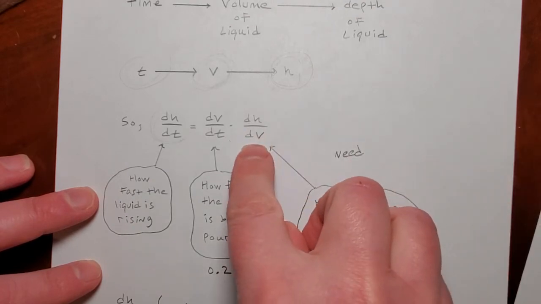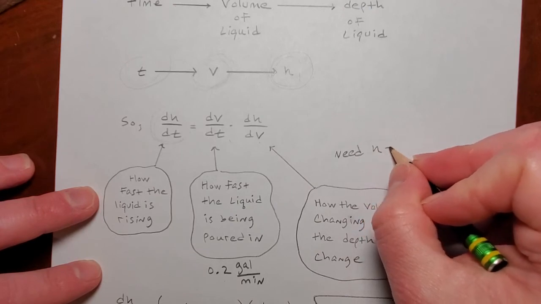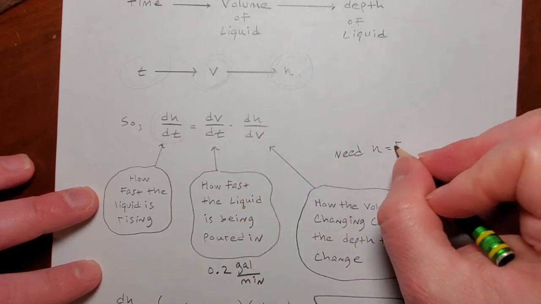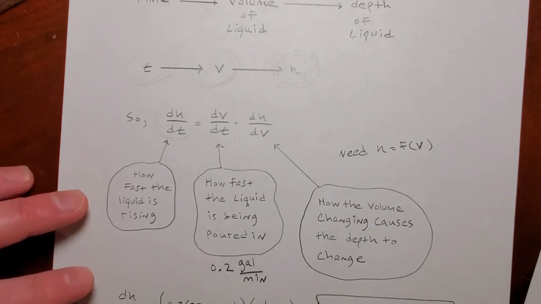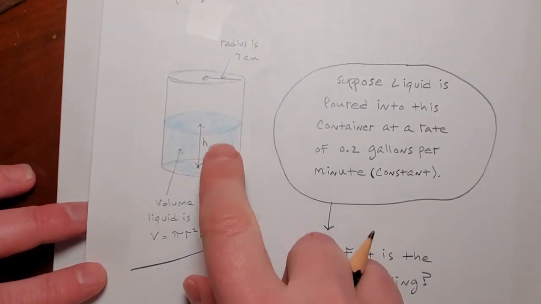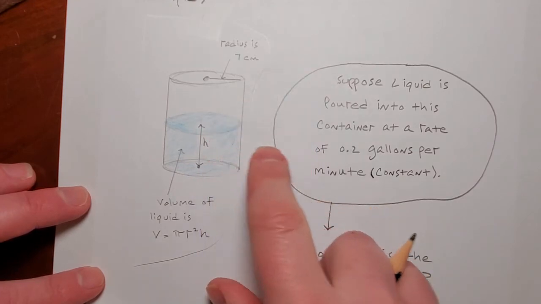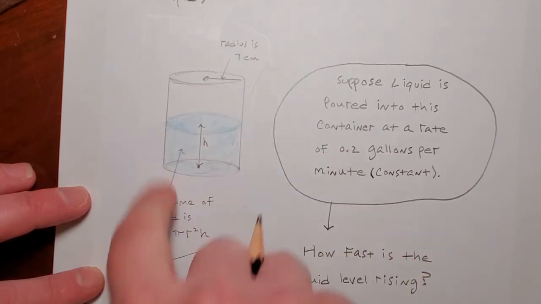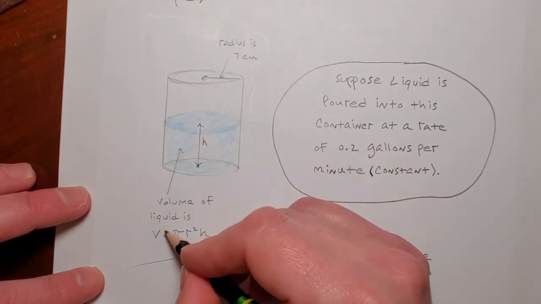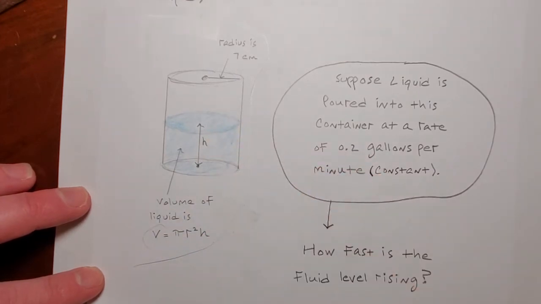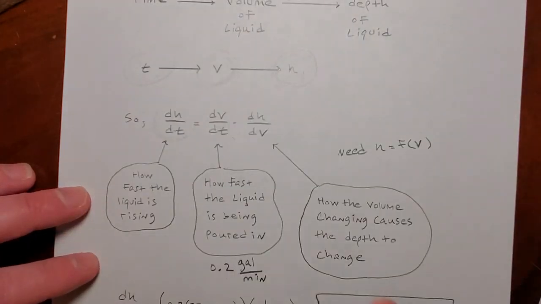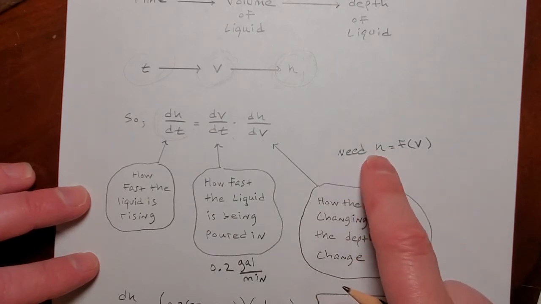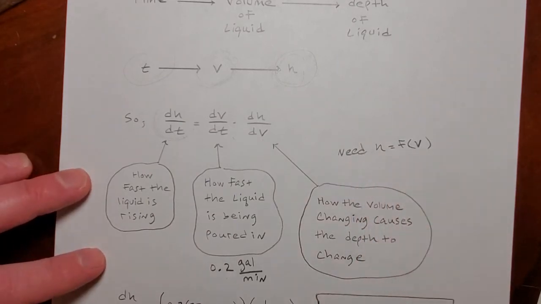For this derivative, I need h to be a function of V. Considering that liquid would take the shape of the container, if I'm pouring liquid into a cylindrical container, then yes, the volume does somehow determine the depth. The volume of a right cylinder is pi times the radius squared times the height or depth, whatever you want to call it. So to find this derivative, dh over dV, I need h, the depth or height, to be a function of the volume.